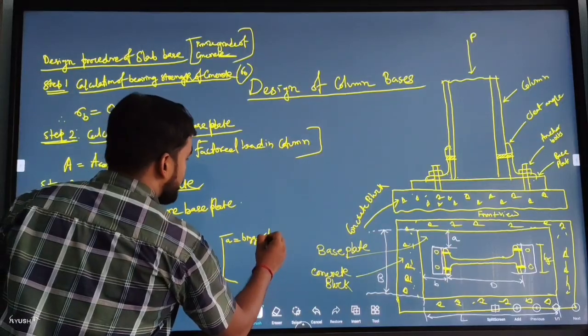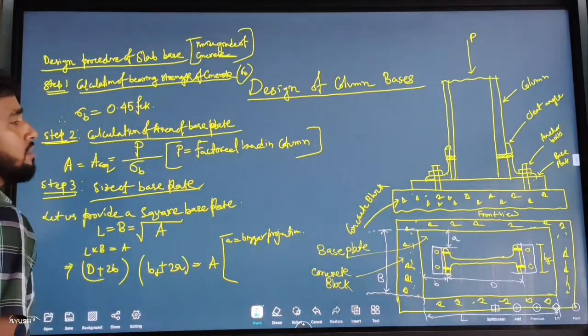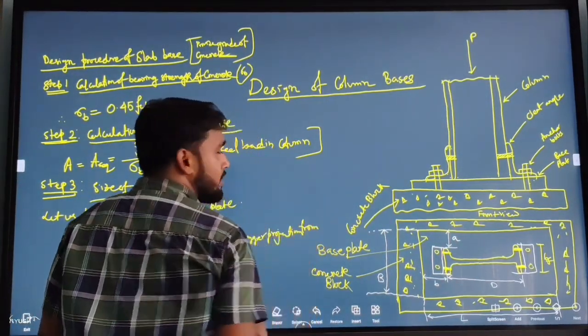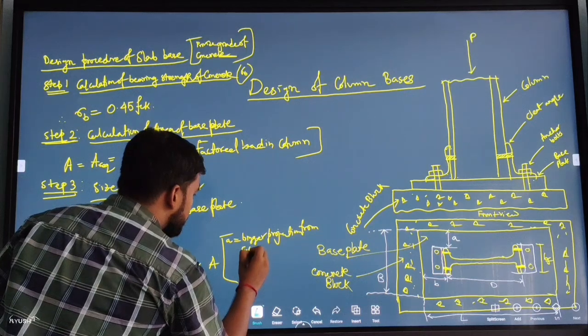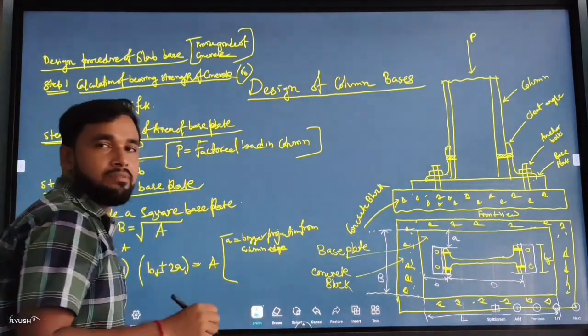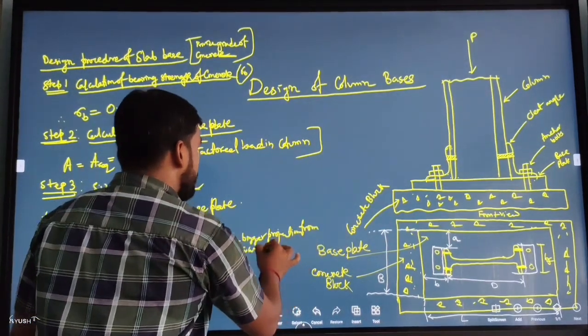A is the bigger projection from column edges. All are in millimeter.